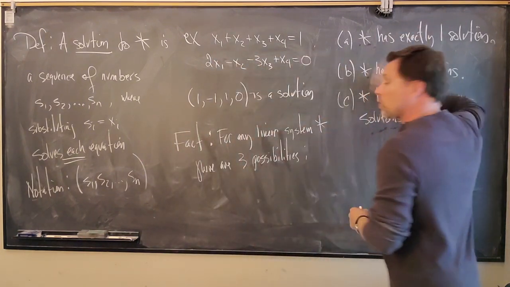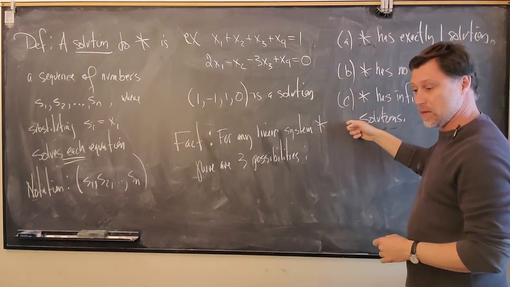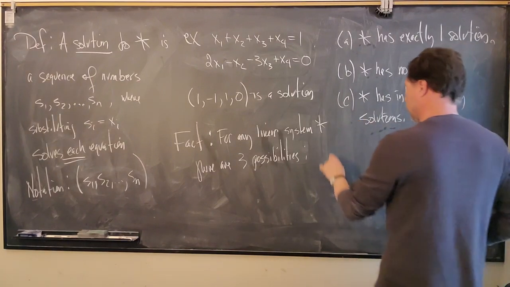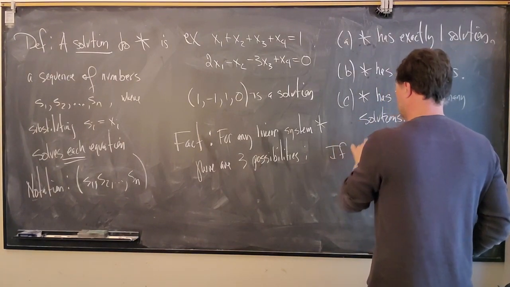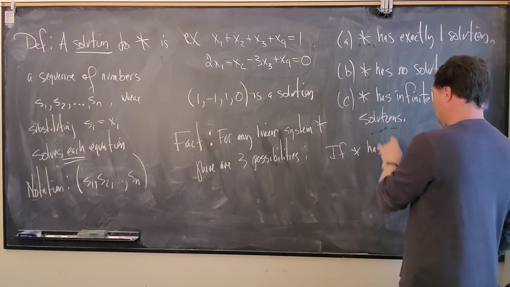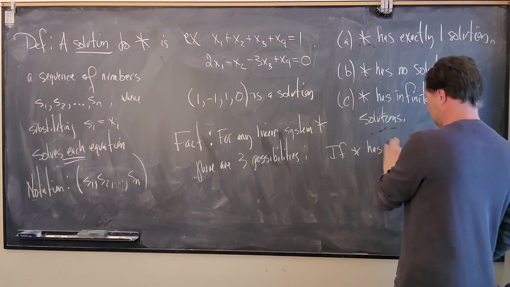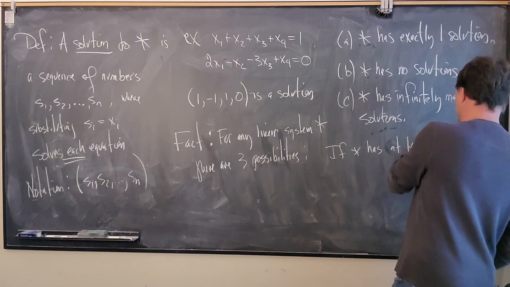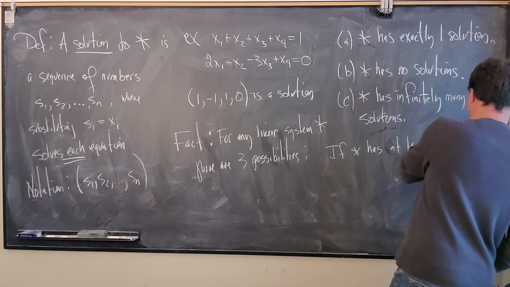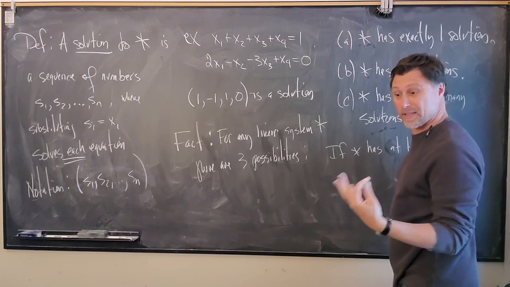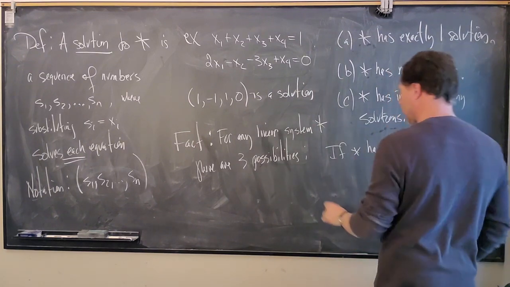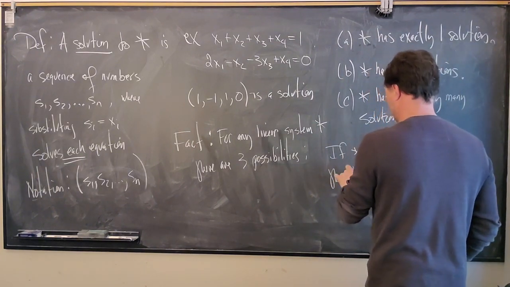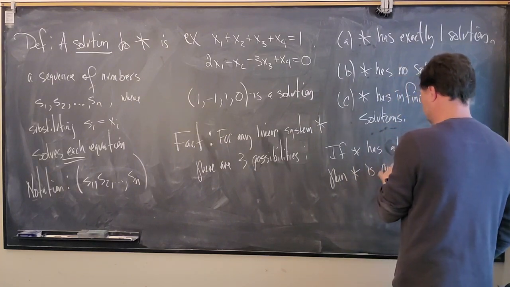If it has at least one solution, so either A or C, then we say it's consistent. So if star has at least one solution, meaning either A or C occurs, then star is consistent.